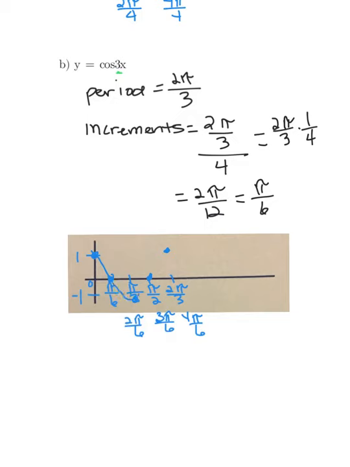And so when we connect our graph, there is our cosine function. Notice that our ending label, 2 pi over 3, was the same number we got for period up here. That better happen or you've got some problems.